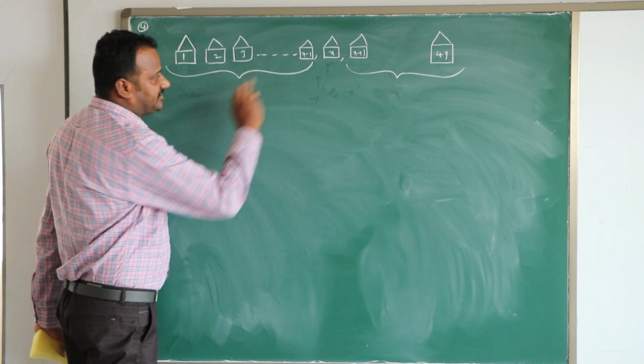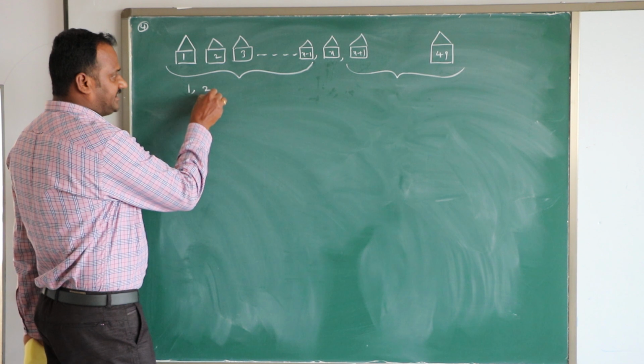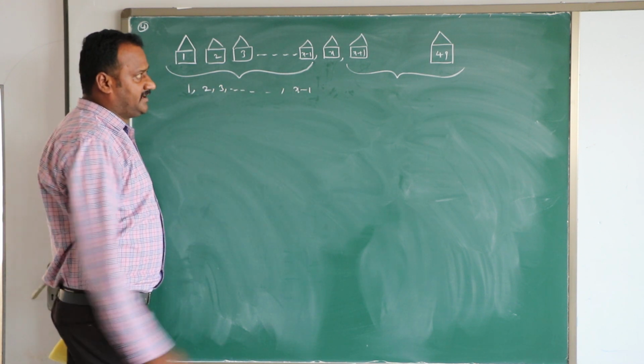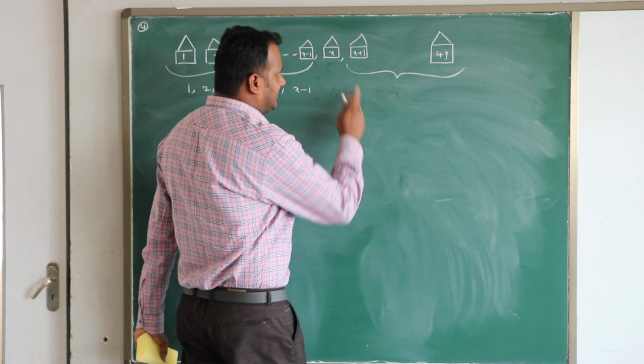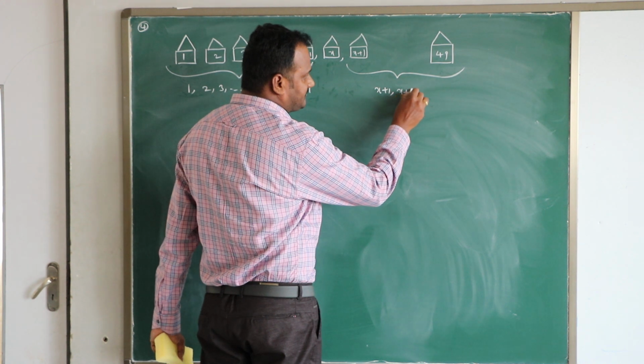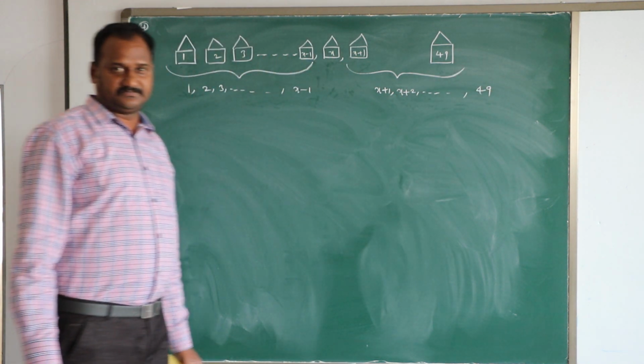Here in this sequence, we have the terms. Those terms are first term 1, second term 2, third term 3 and so on up to x minus 1. And the terms in the other arithmetic progression are: first number is x plus 1, second number is x plus 2 and so on. What is the last number? 49. Right?